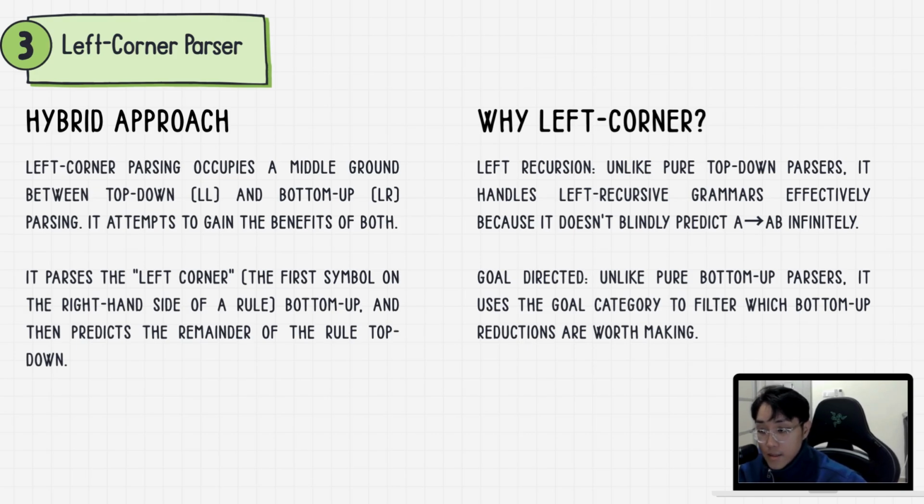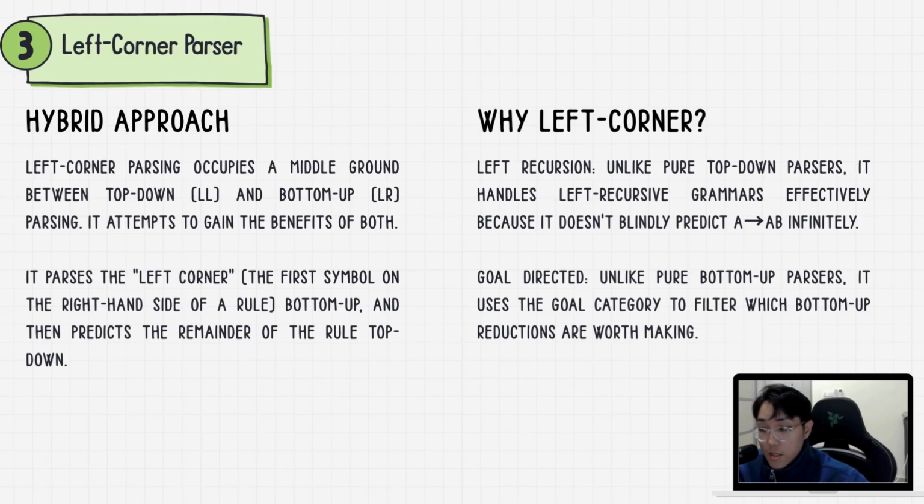The idea is that it first parses the left corner of a rule, which is the first symbol on the right hand side, using a bottom-up step. Once that part is recognized, the parser switches to a top-down prediction for the rest of the rule. So the process starts bottom-up and then continues top-down.